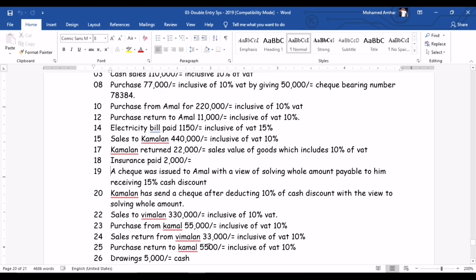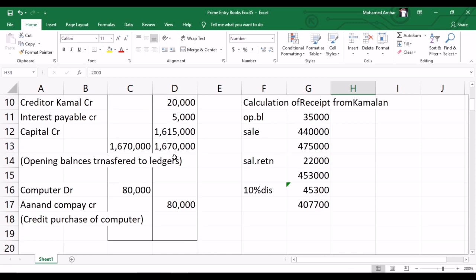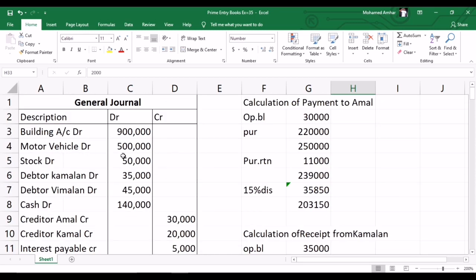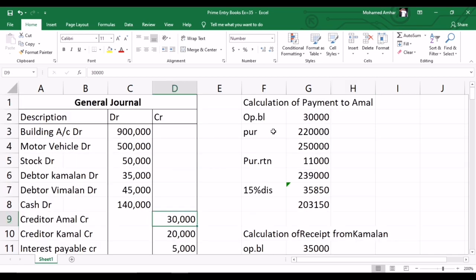Yes. Now, go to your worksheet here. Amal is a creditor. When beginning the year, there was a balance of 30,000 payable. So you calculate the payment to Amal. This is opening balance. 30,000 opening balance is there.